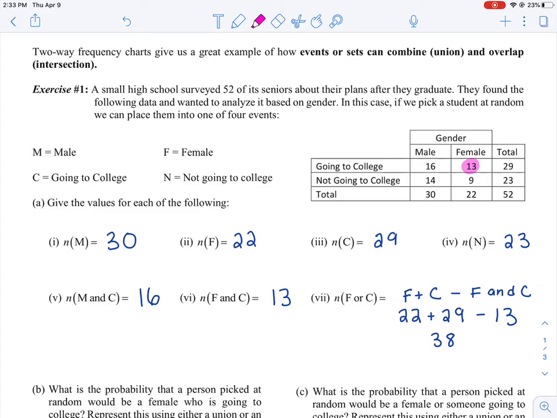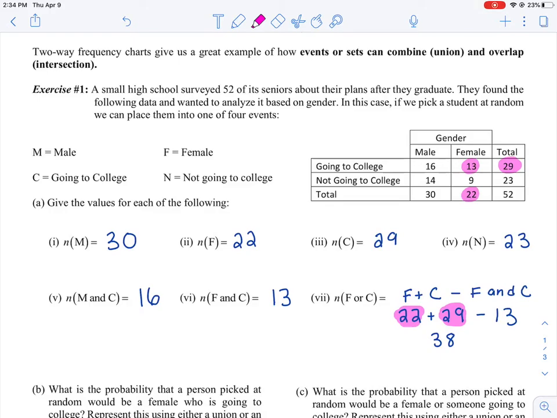Now, if you're looking for female or going to college, this goes back to what we did yesterday. So we need to use our formula. I could add the two of them, but I need to make sure that I'm subtracting the overlap. So if I add how many females there are and how many are going to college, that's the 22 and the 29, I can't just add them because I'm counting certain students twice.